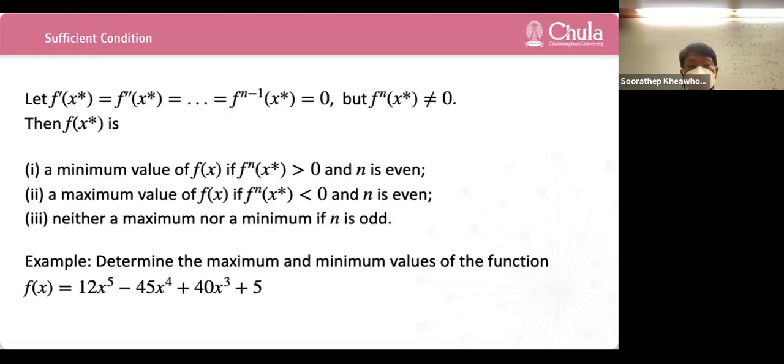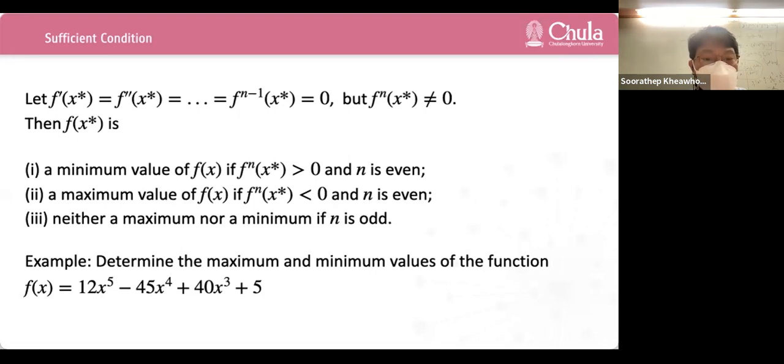Okay, so the next one is sufficient condition. Sufficient condition: we take the derivative until a certain order, for example, order n, you find that the derivative at x star is not 0 anymore, then you take back one step, at n minus 1, and check that.